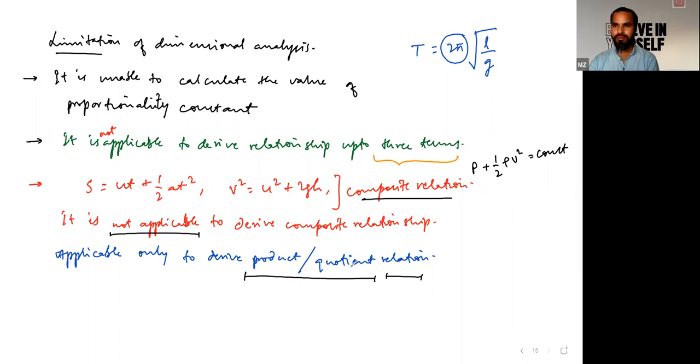Quotient means division. These are relationships which contain product or division. V squared, u squared, you may write it as 2gh or 2as.